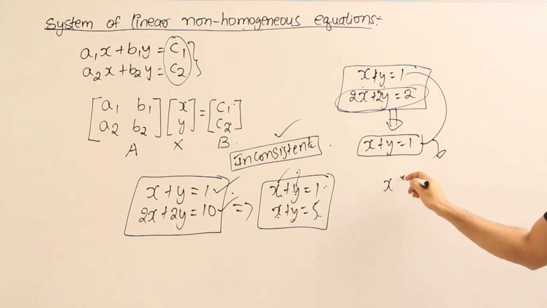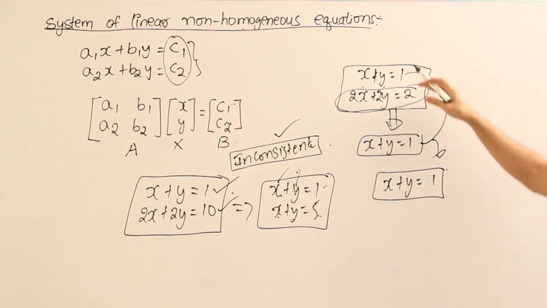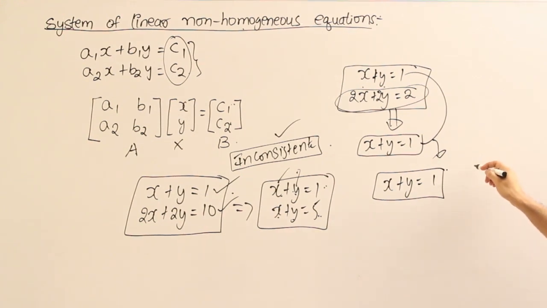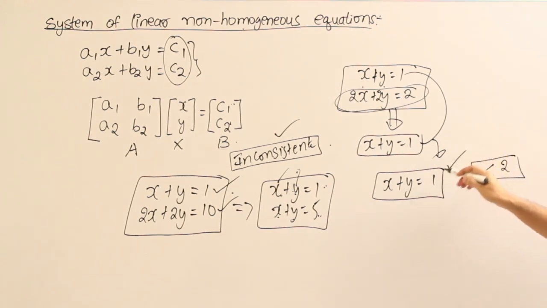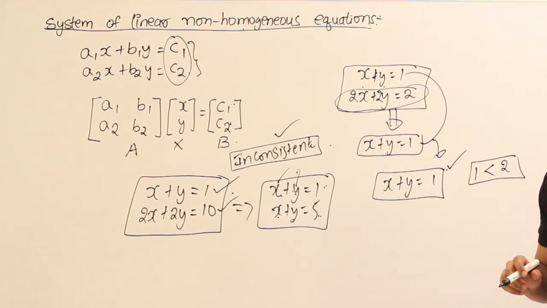So we have x plus y equal to 1. This is the equivalent set for the given set. What does it mean? Here the number of equations is less than the number of variables. In such a case, you will not be able to uniquely find the solution.